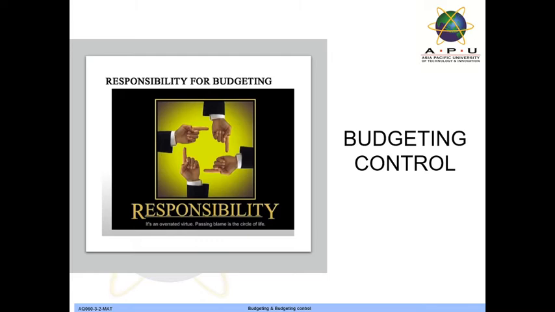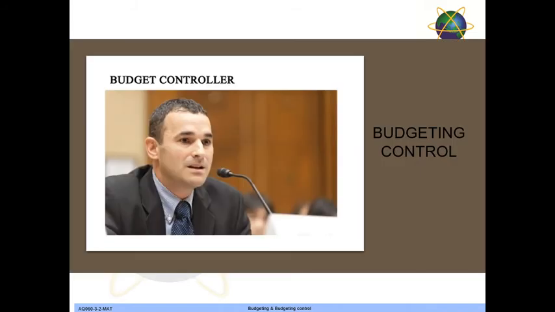It can be fixed for those who are responsible for preparing the budget. The first is the budget controller. Although the CEO, the chief executive, is finally responsible for the budget, it is better if a large part of the supervisory responsibility is delegated to an official designated as a budget controller or budget director.